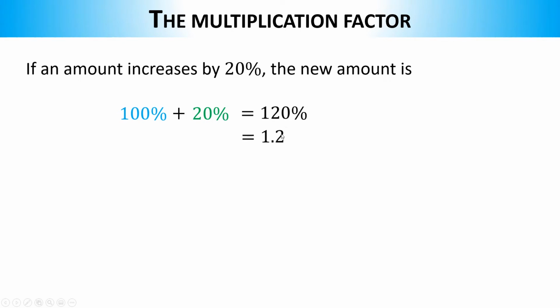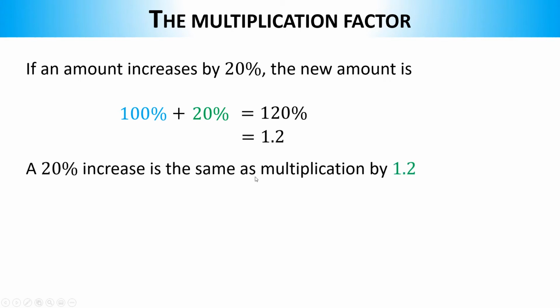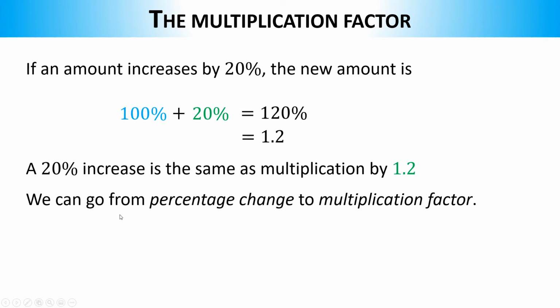So it will be 1.2 times the old amount. And this means a 20% increase is the same as multiplication by 1.2. And in general, this means that we can move from a percentage change to a multiplication factor.